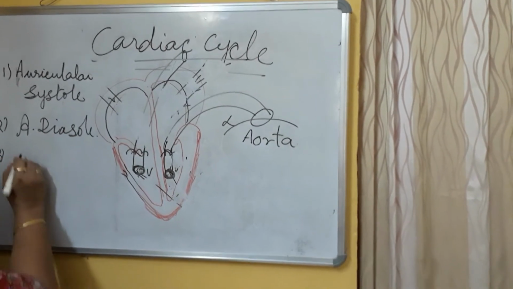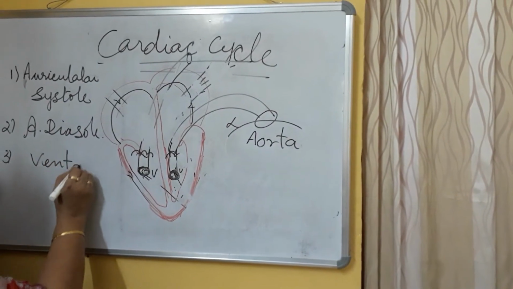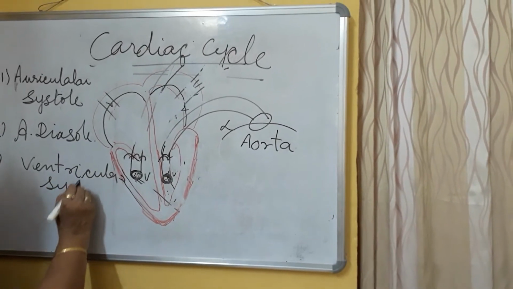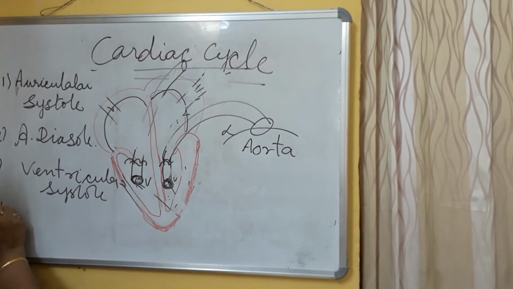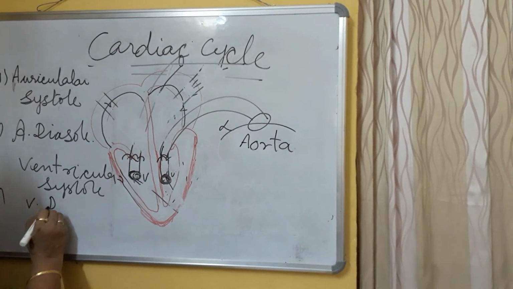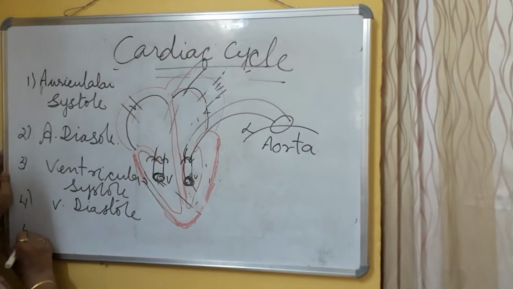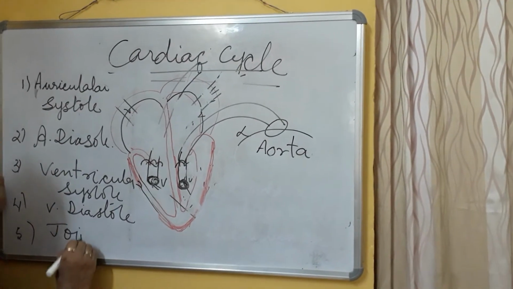Third one is ventricular systole, fourth one is ventricular diastole, and fifth one is joint diastole.